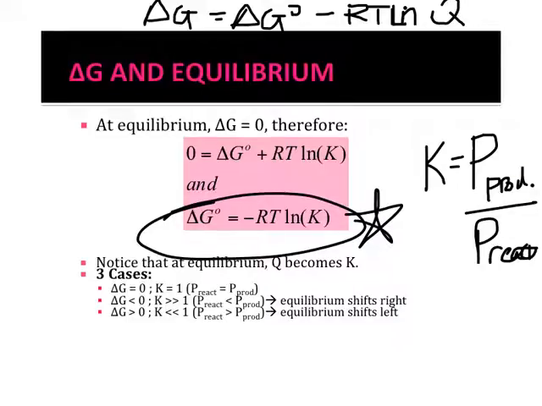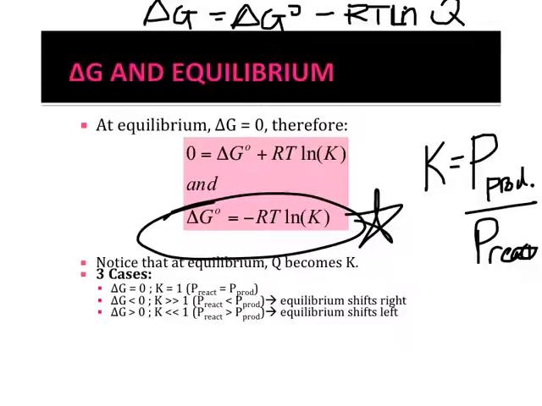However, when delta G is less than 0, in order to get a negative delta G, I have to have a positive natural log of K, so K must be very, very large, much larger than 1.